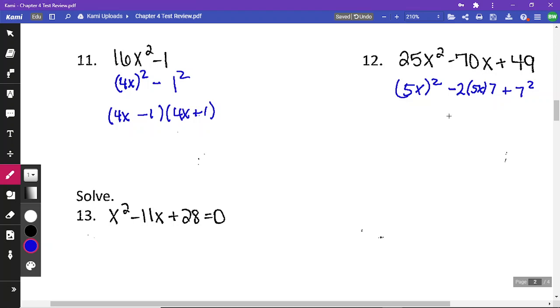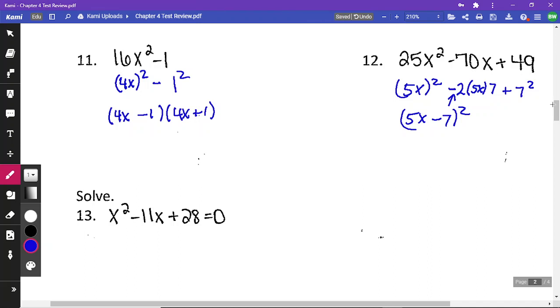So when it fits this pattern, this is 5x, because the middle term is negative, it's minus 7, and then it's squared. We got our 5x from right there. Okay? That's where that 5x came from. We got our 7 from right there. That's where that 7 came from. Okay, so that's that one.